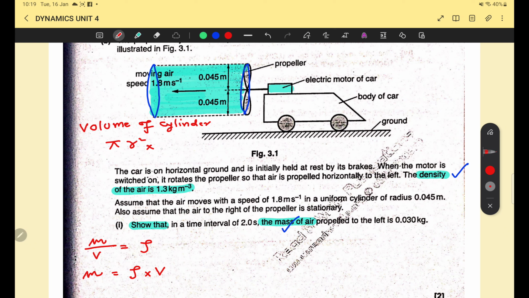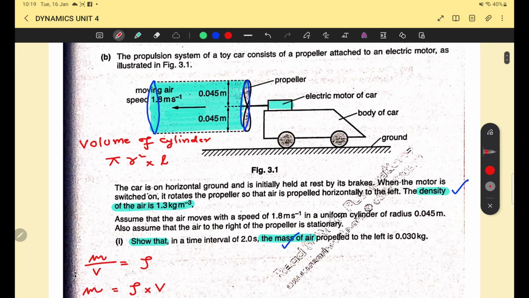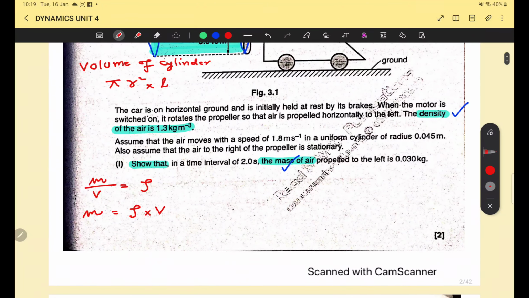Yes, pi r square h, pi r square L. I am writing L because I am taking this distance as the length of the cylinder. You can write L or H. So mass equals density, which is given, and volume equals pi r square L.